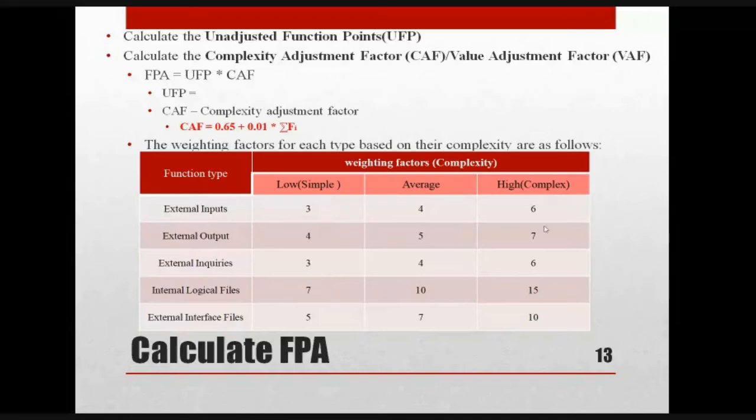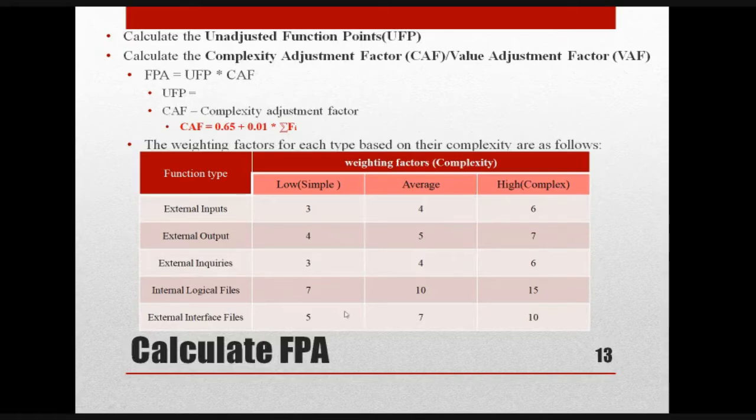Likewise, for external output, for low it is 4, average it is 5, high it is 7. So this is nothing but the complexity levels or weighting factors. For external inquiries it is 3, 4, and 6.